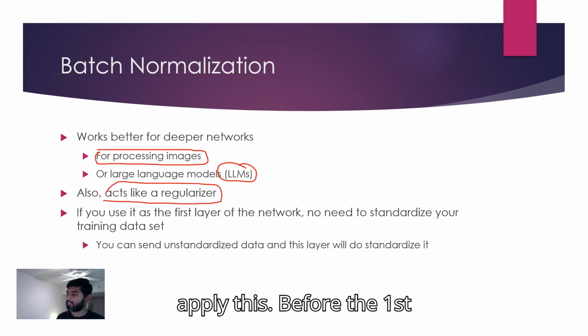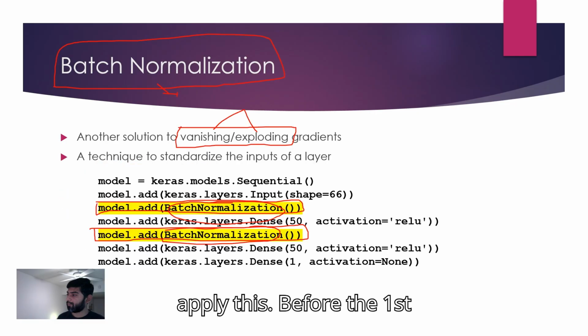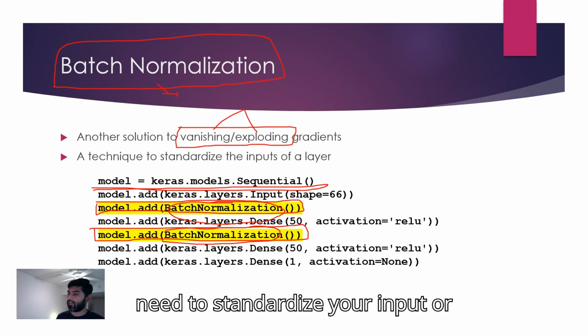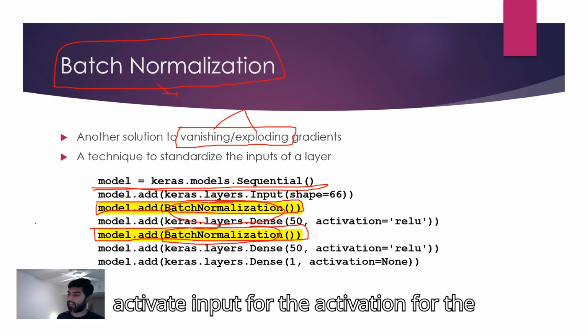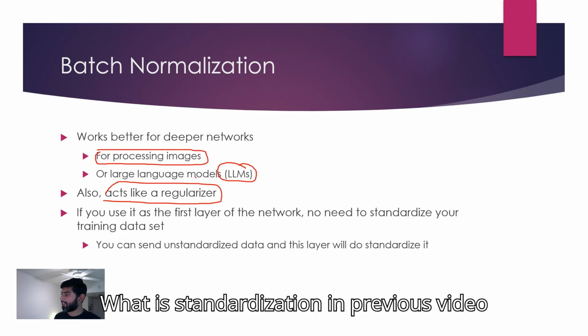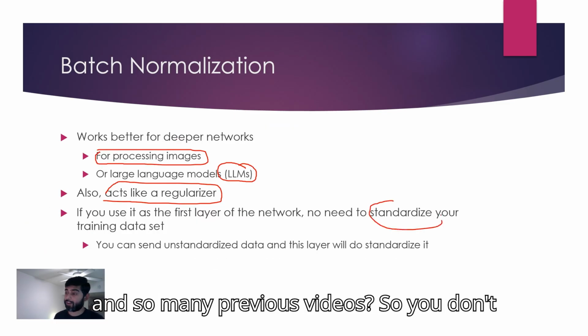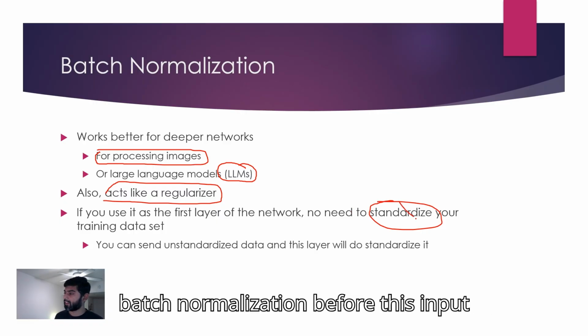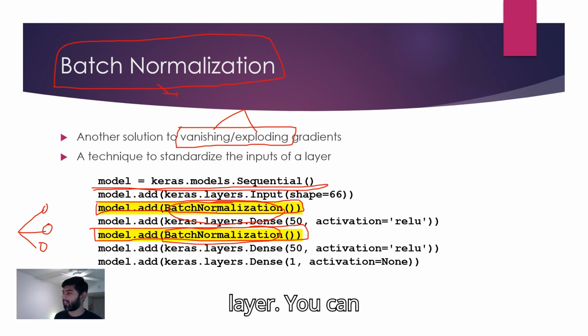And if you apply this before the first input layer, you don't even need to standardize your input for the neurons' input layer. We talked about what standardization is in previous videos. So you don't need to standardize that data if you use batch normalization before this input layer.